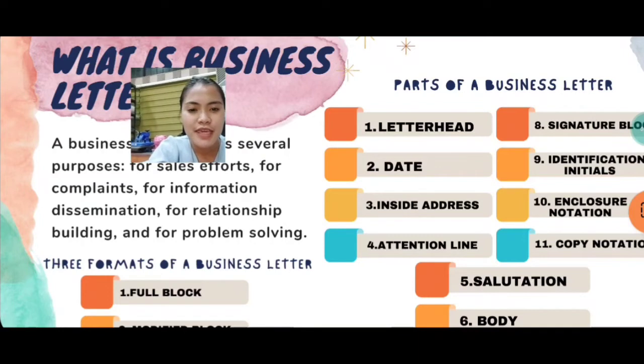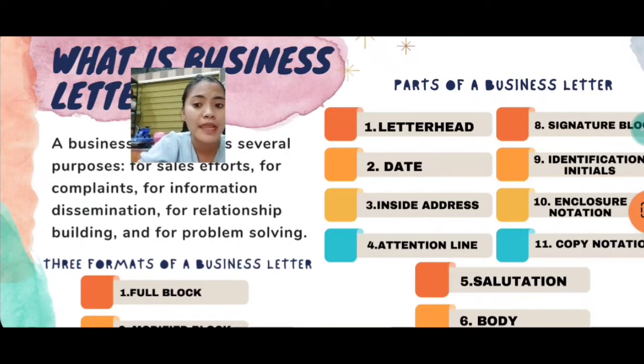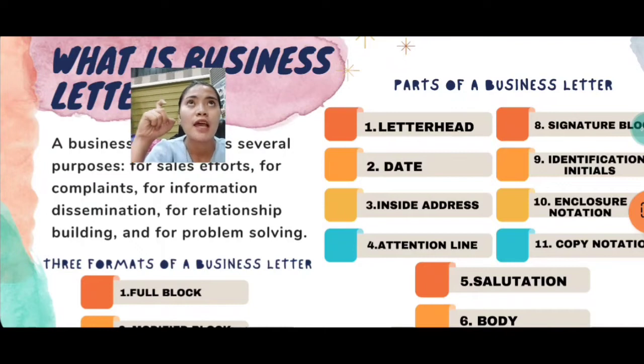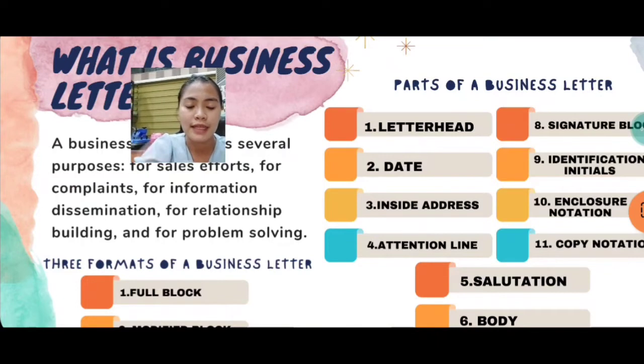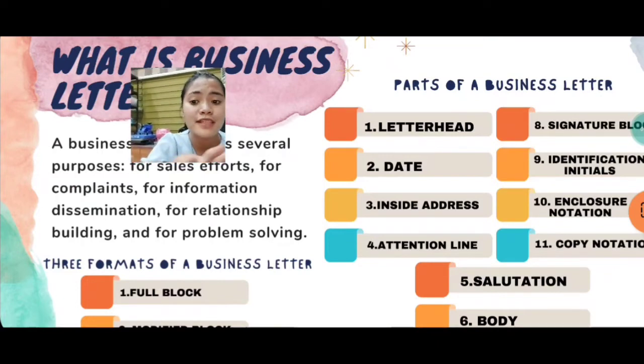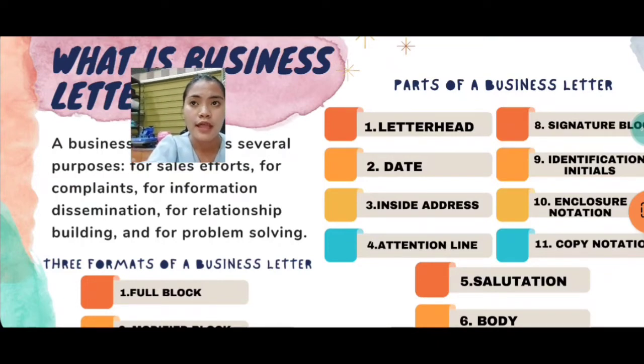You should never use plain numbers for dates. It may create confusion. Instead of using 12/12/2022, you should write December 12, 2022, or also 12 December 2022.